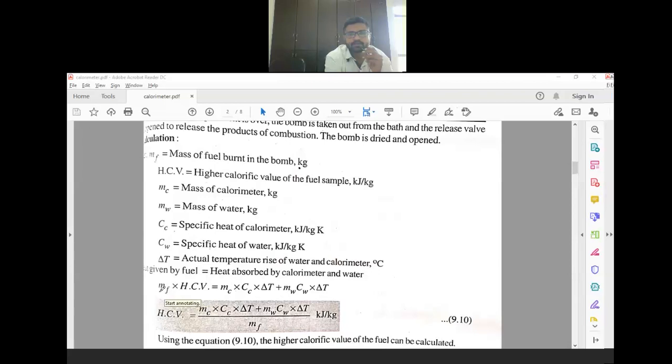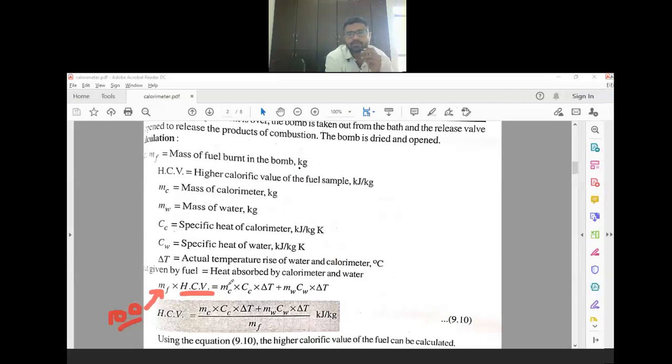Here you can see, I told you that suppose we are putting 100 gram. Whatever mass of fuel you are taking, that mass you have to write here in kg, so you need to convert that gram into kg. This is the mass of calorimeter.